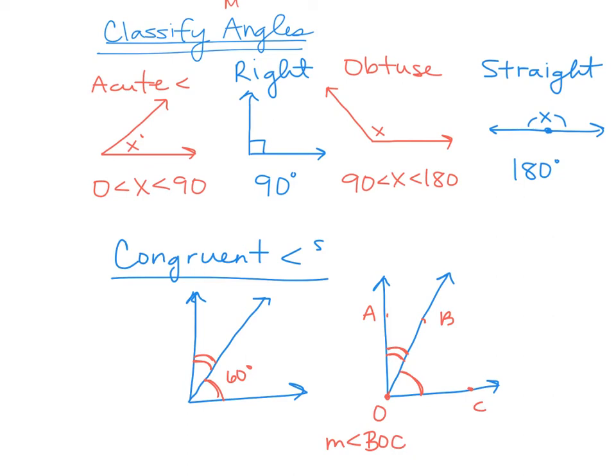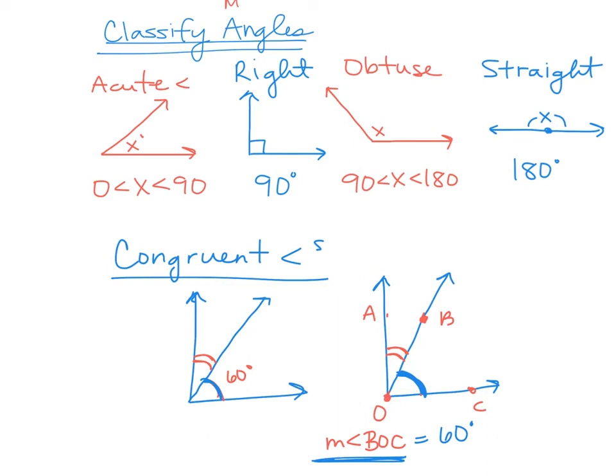So BOC goes from B to O to C. I'm talking about this angle. Okay, they're marked congruent. So if this one is 60 and I tell you they're congruent, then the measure of angle BOC is 60 degrees. Notice how it's written, okay? M is the measure, so how many degrees, and then the angle, and then the three letters. The measure of angle BOC.